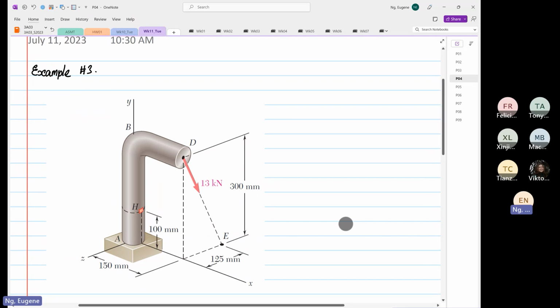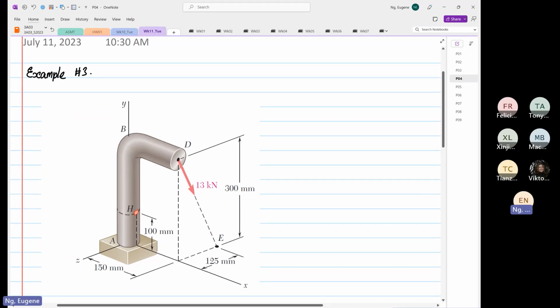Again, they ask us to find the stresses at point H. So again, identify what are the torque, the moments, and the shear force. The first thing we do, given to us, is this transformation.